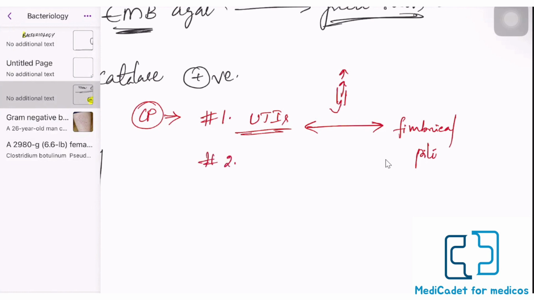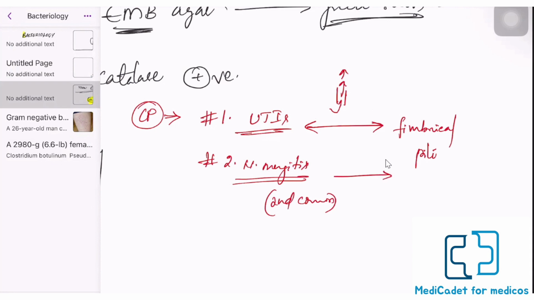Then it can cause neonatal meningitis, though not as the primary bug. The primary one that causes neonatal meningitis is Haemophilus influenzae, so E. coli is the second most common. This is because the baby is delivered through the maternal reproductive tract, and fecal flora can contaminate during delivery and cause meningitis.